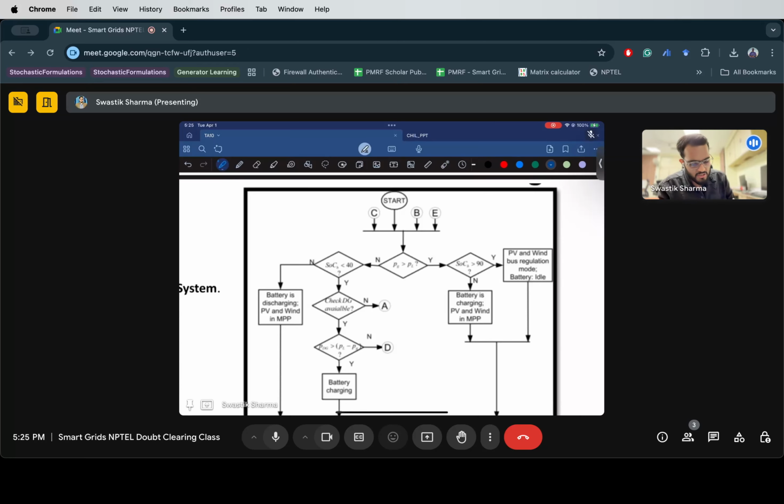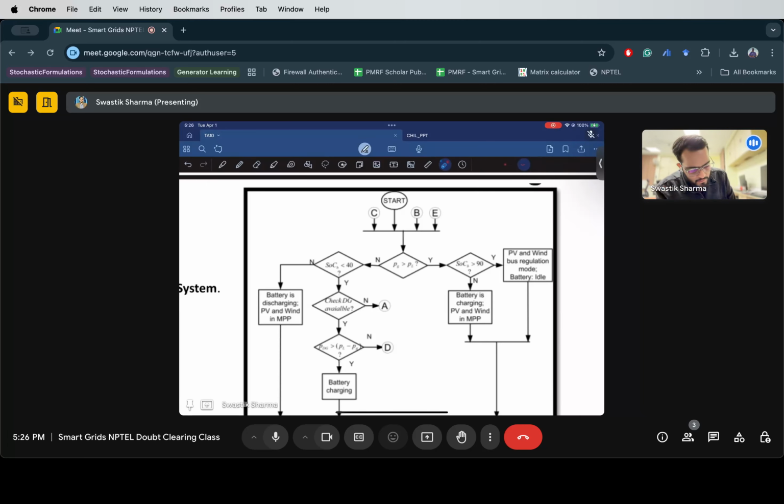The first condition is: is the grid power sufficient? Is the grid power able to meet the load? Right. Let's say it is able to meet the load. Now the load will be supplied by the grid. Now, what will happen to the battery? What will it do?